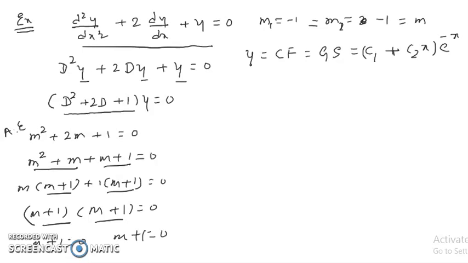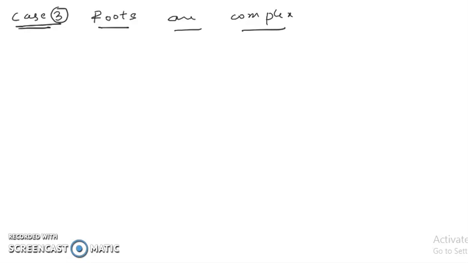So let me consider one more, for the third case. Here in case 3, the roots are complex. Complex roots means they may be in the form of alpha plus or minus i beta.